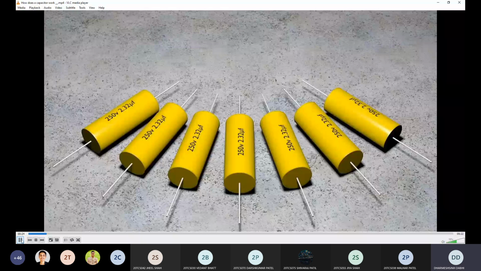Is the video screen visible? Yes, sir. Screen is visible.